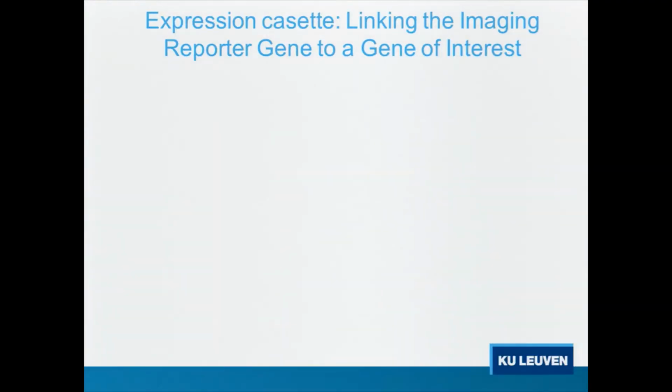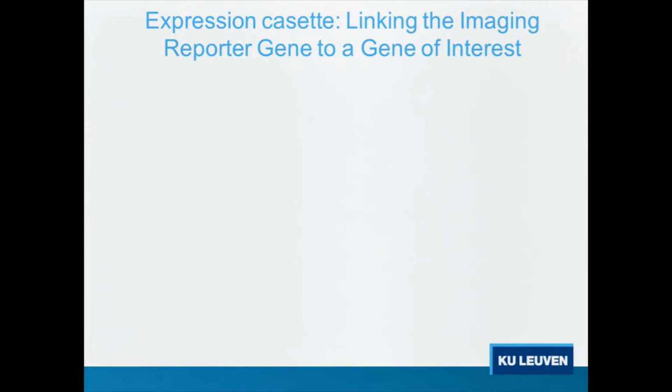Now, this is not the answer to the question that I received from the organizers, but it's still something interesting to think of: what are we going to link the imaging gene to? In gene therapy trials, you often want to introduce a therapeutic gene or a gene of interest, and you want to link a reporter gene to be able to see how your gene therapy strategy is working.